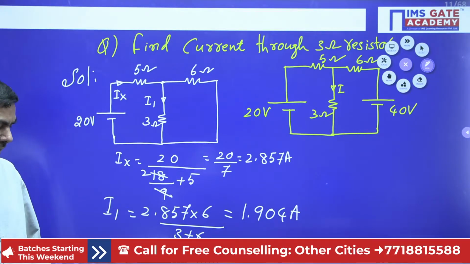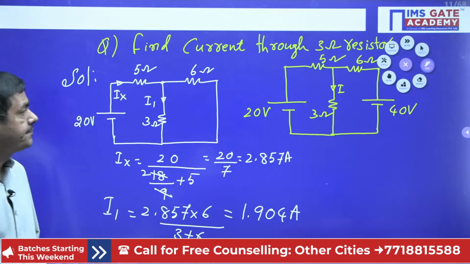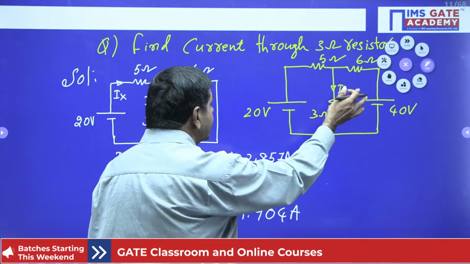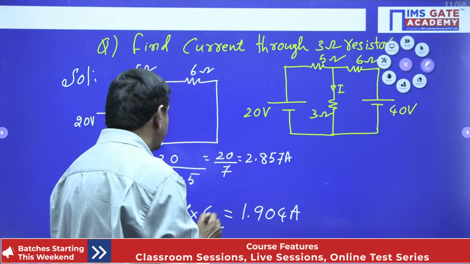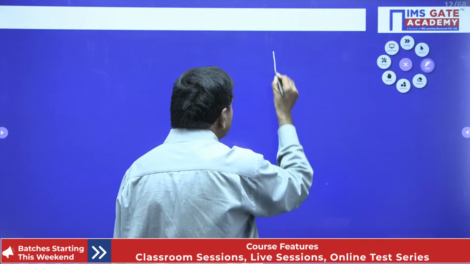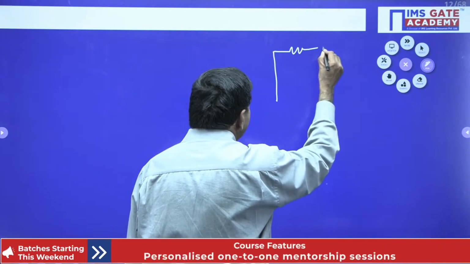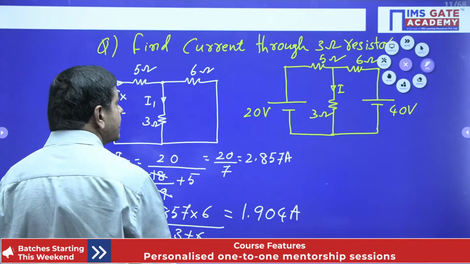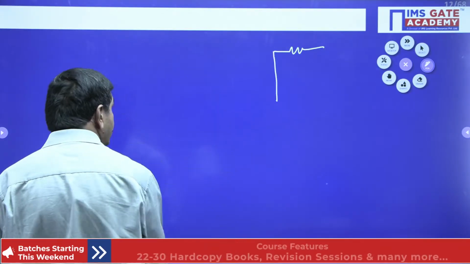In the same way, I want to find the I2 value. For I2, this voltage source I shorted here. Yes, we can short this voltage source. There is a resistance on this side, that resistance is 5 ohms.